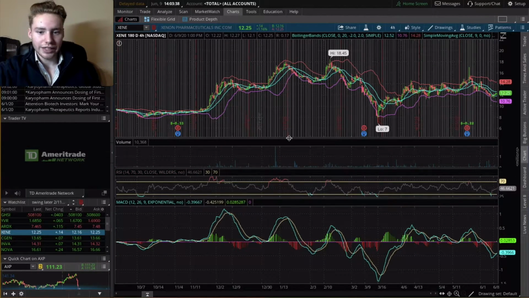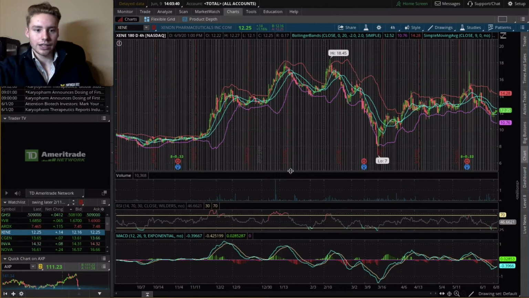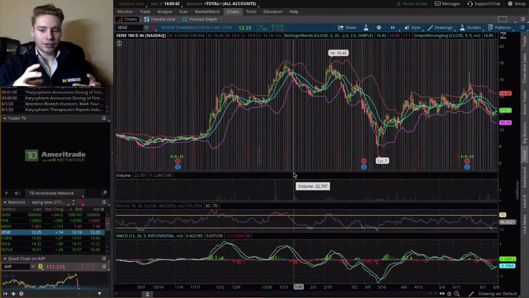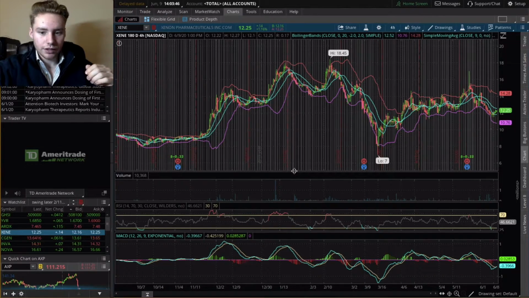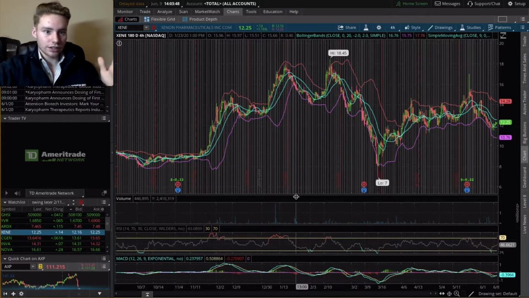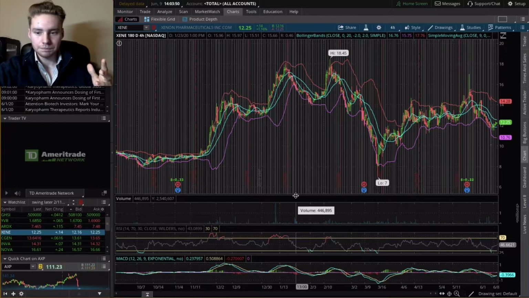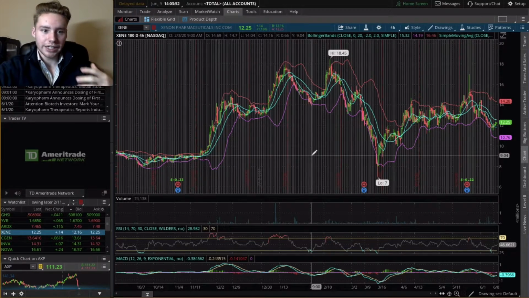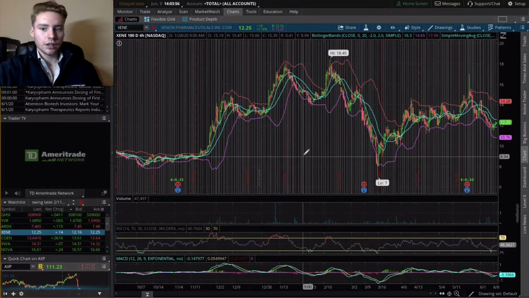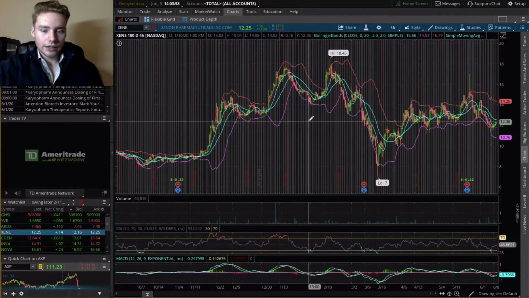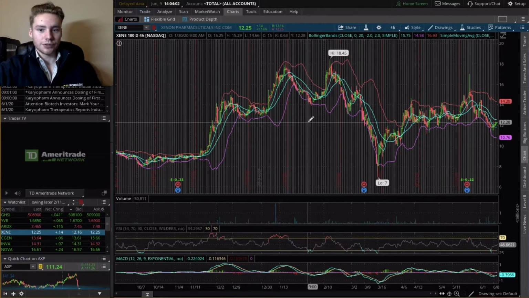So you're going to want to get all of these different indicators and fit them together into finding a good trade. There's endless opportunities in the stock market, so you're not going to want to take a position if you're not fully confident in that position. So always wait.